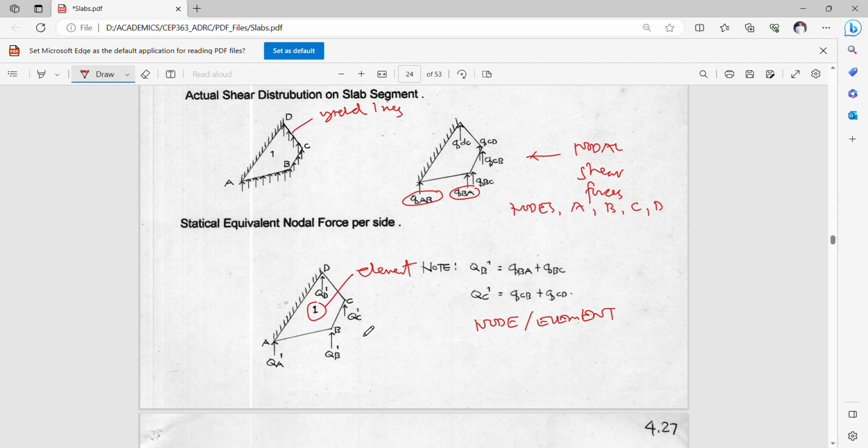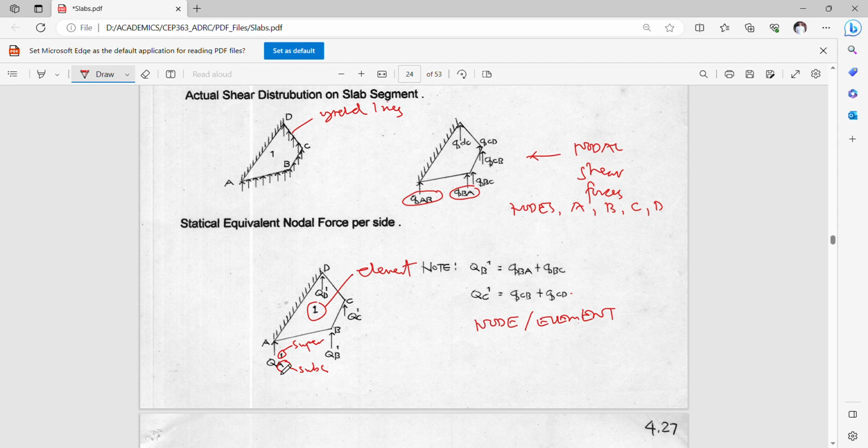So this is a node/element description. This shear force, in terms of a capital Q, is now described with the element number 1 as your superscript and a nodal letter as subscript.